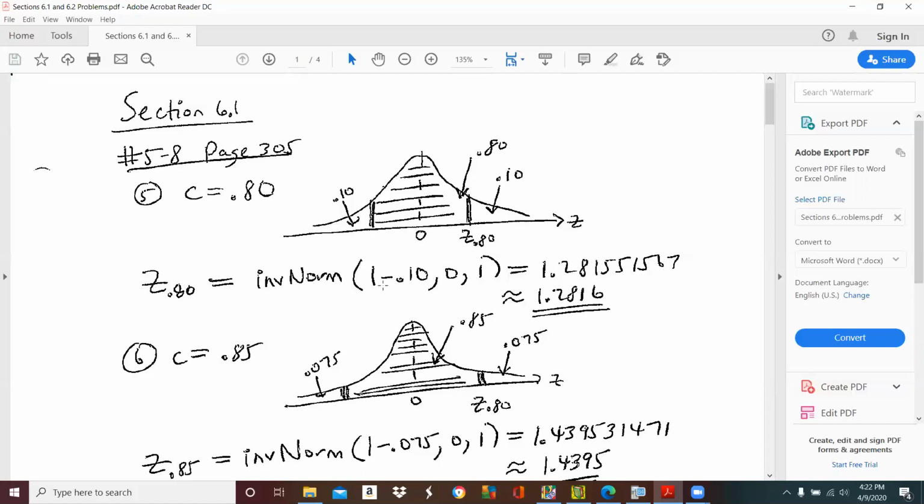In parentheses, we put 1 minus 0.10 for the area to the left of this critical value. You could put 0.90 if you wanted to. The mean is 0, standard deviation 1, and we calculate it. We get 1.28155. That's our critical value. And if we round it to 4 decimal places, there's our answer, 1.2816.